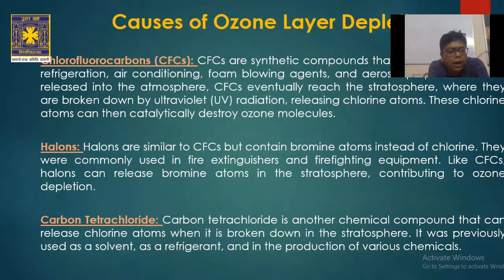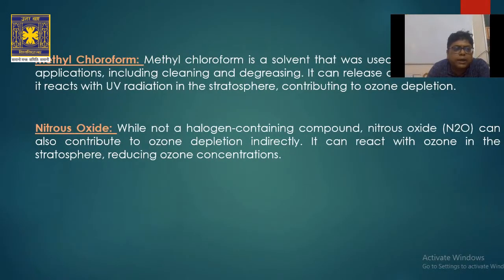Carbon tetrachloride is another chemical compound that can release chlorine atoms when it is broken down in the stratosphere. It was previously used as a solvent, as a refrigerant, and in the production of various chemicals. So, these three are the leading factors behind the puncturing of the ozone layer.